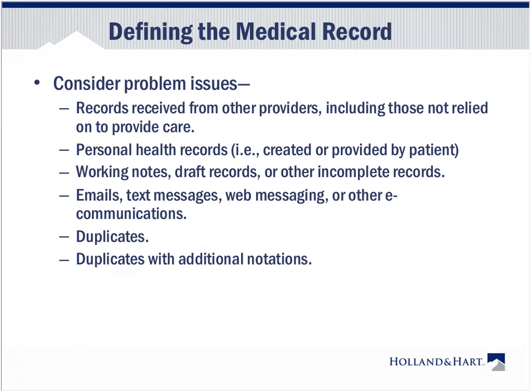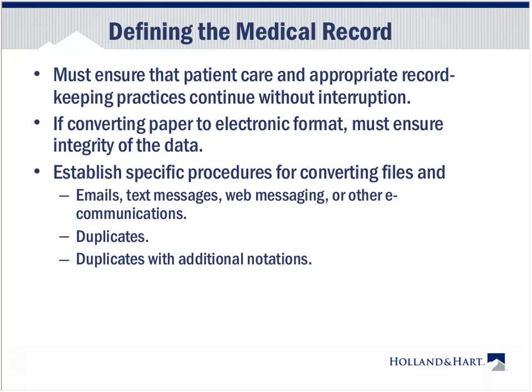Maybe it's a narrative from the patient. Is that something that should be included in a medical record? Working notes, emails, text messages, those kinds of things. Yes, they probably should be included. Duplicates of documents, but be careful about duplicates with additional notations, because it might be the same document but with additional notations. So these are all things to consider when you're putting together any sort of policy regarding medical records.